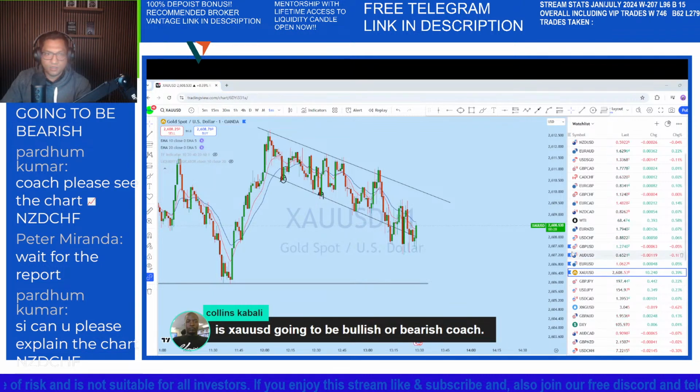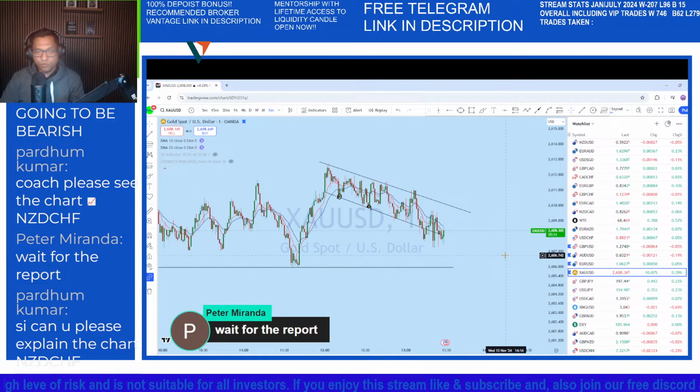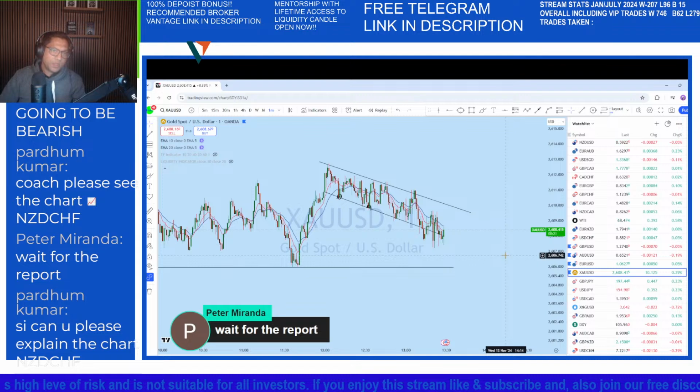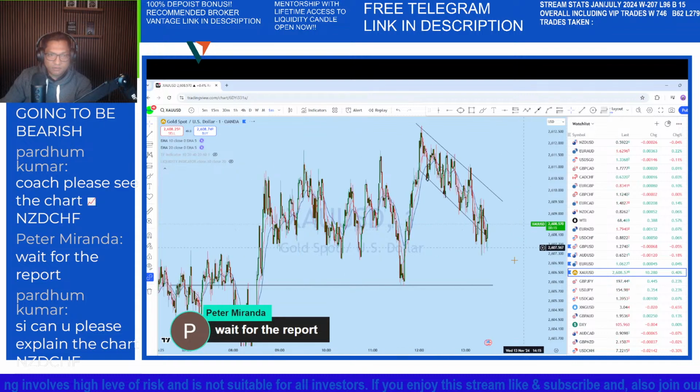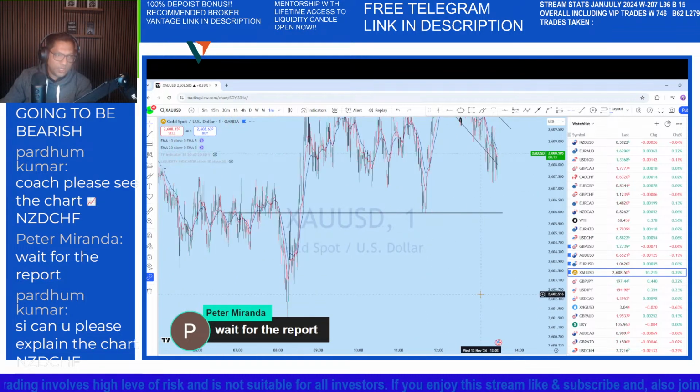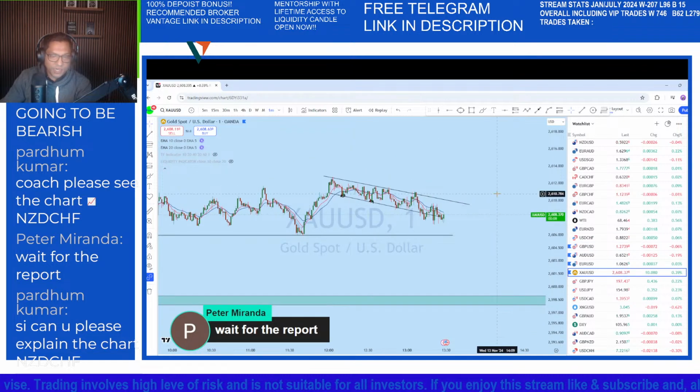Okay, let's see. I think the spike is not an indication of which way the market might be heading, but primarily it might give us a directional bias. But if the spike tests the daily support, we can expect a bounce to the upside.